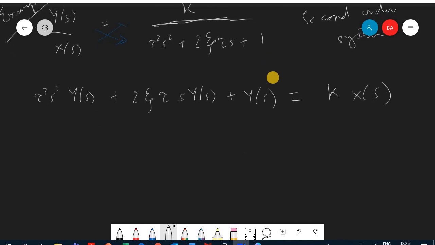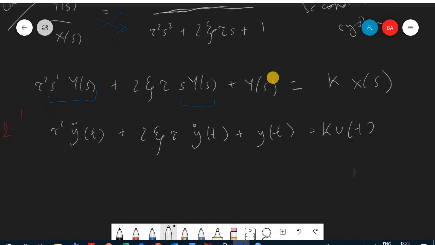Because if we take the Laplace inverse, s square Y of s is the second derivative, s Y of s is the first derivative, and very beautifully you can see that this will appear like tau square times the second derivative of y of t, plus 2 xi tau times the first derivative of y of t, plus y of t, is equal to K u of t.